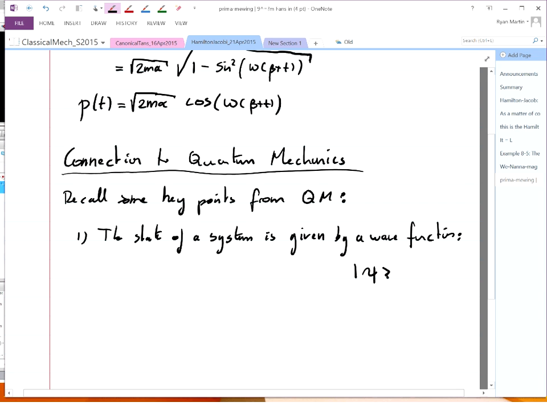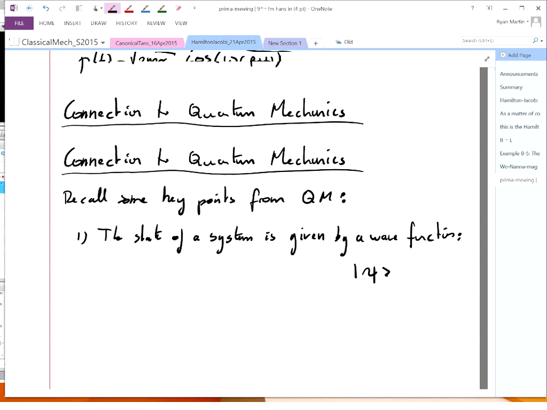Sometimes we write that wave function with these funny symbols around it, and we call it psi. So psi is the wave function. You can think in classical mechanics, you describe a system by specifying all of the q's and all of the p's. In quantum mechanics, you have to specify this function psi.